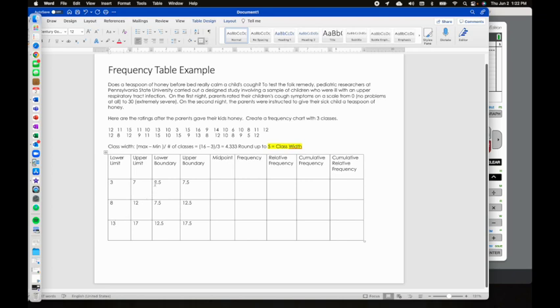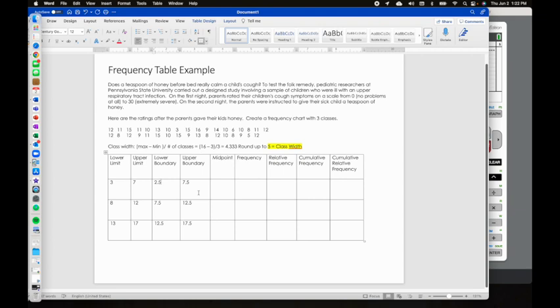And that's why when we do our lower and upper boundaries, which is what we use for our bars in the histogram, we go out one more decimal place. So by using these numbers, 2.5, 7.5, 7.5, I know that there are no decimal values of 0.5s in here because they're all whole numbers. And that's why we set this up.